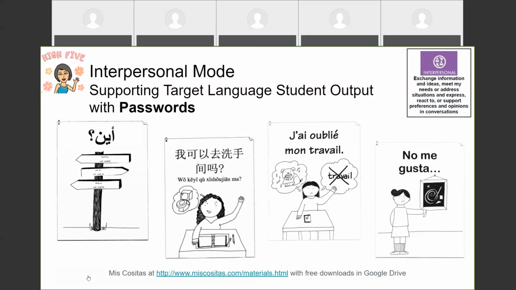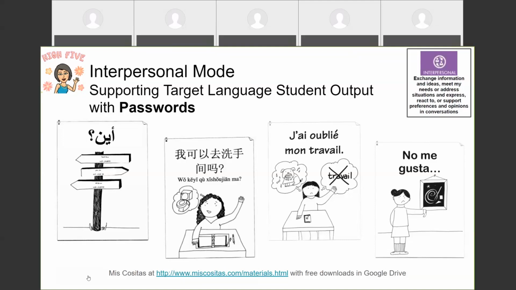Additionally, you might have what we often call passwords in the classroom. Those are the common questions, the common things students need to be able to say. They don't need to understand everything about how that question is constructed or the verb conjugation that's involved.